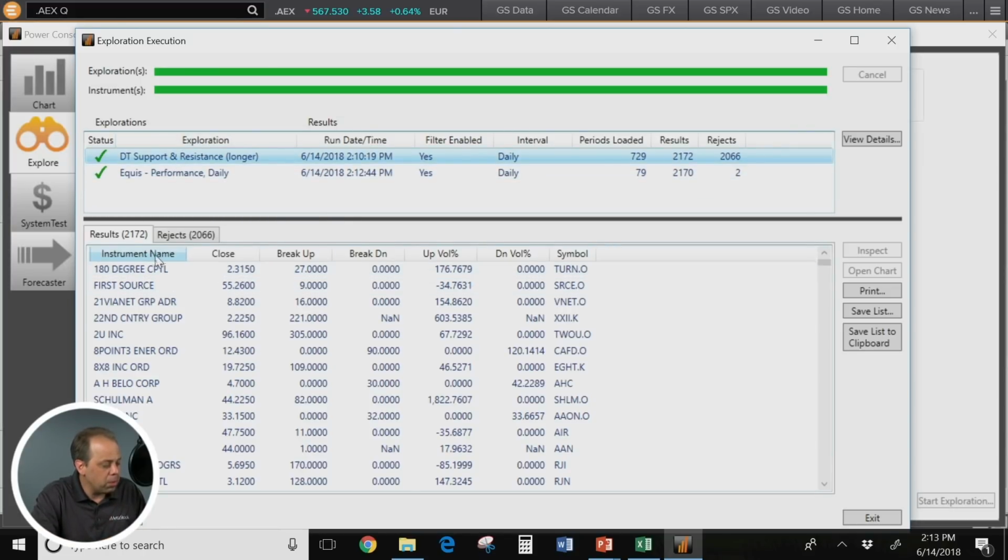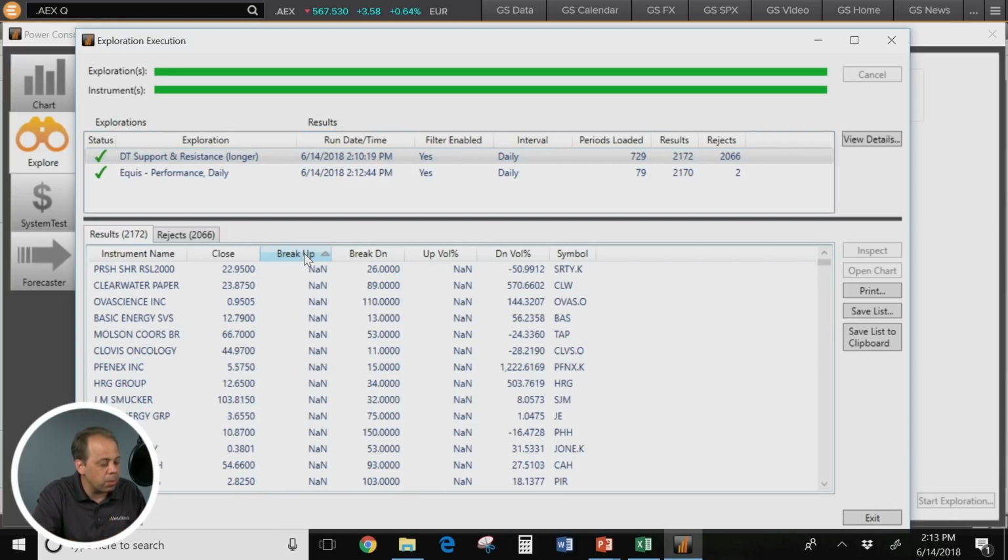Right now, what you're going to be able to see is there's 2,172 stocks that have come through as breaking through a support and resistance at some time in their history. 2,000 have been rejected. In other words, they didn't meet any definition of a longer support or resistance breakdown. Here you've got the name of the instruments, and if we wanted to find stocks that have broken up recently, let's say within the last couple of days, I can sort on this breakup column.